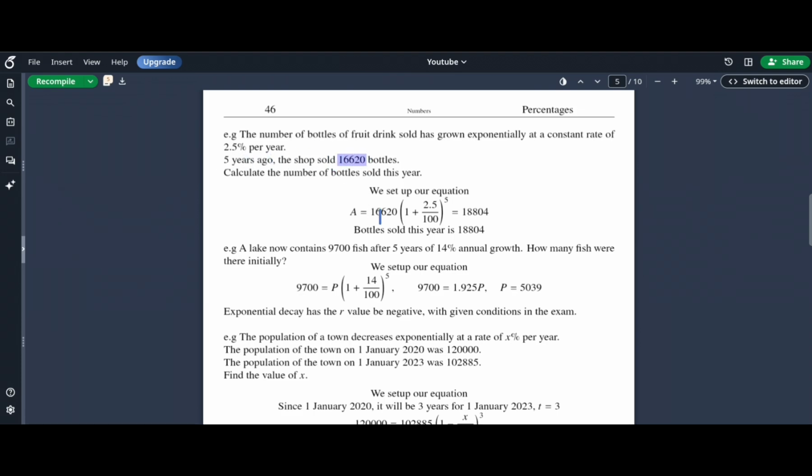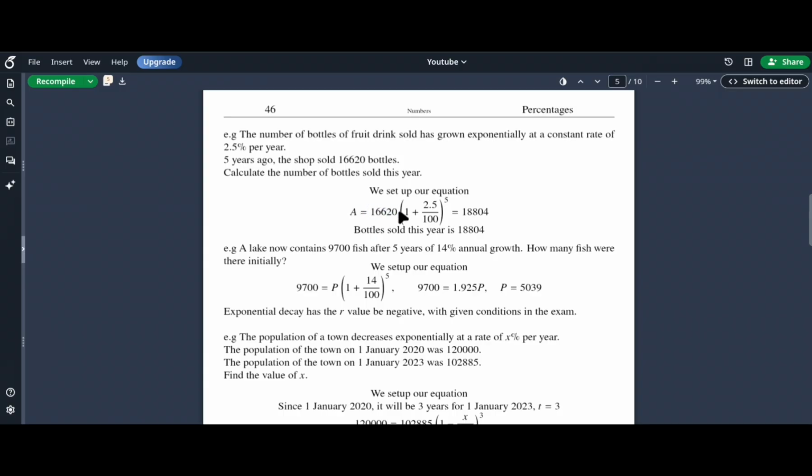This is the initial value. 5 years ago and this year means after a period of 5 years. So surely when the sales increase, this final value should be bigger than our original value.